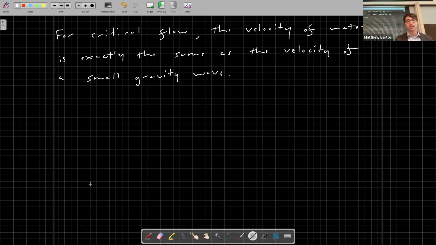Let's say we have a channel that is full of quiescent water, i.e. water that is not moving. So there is just a still body of water in this channel. The water is not flowing.